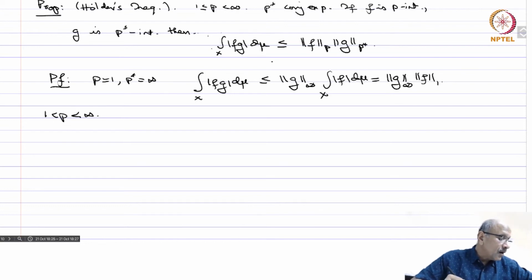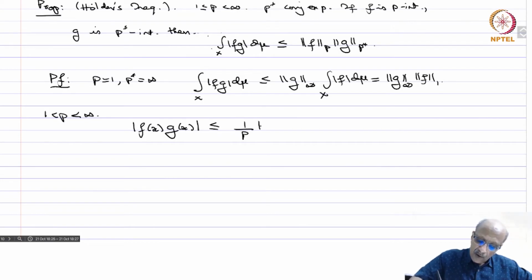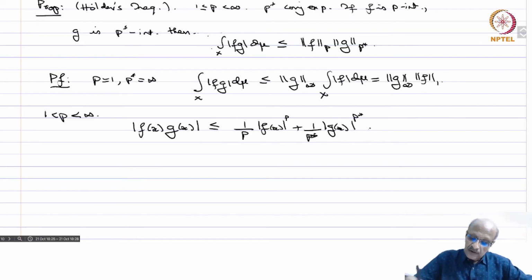So we have that, if you remember the very first lemma which we proved in this course, mod fx gx is less than or equal to 1 by p mod fx power p plus 1 by p star mod gx to the p star. Okay, so this is the generalized AMGM inequality which we have proved in the very first lecture in this series.